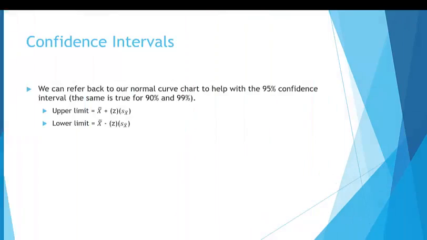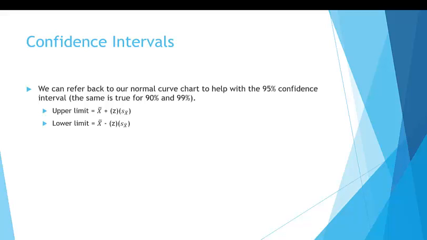Well, part of it includes using the normal curve. So to get our upper limit, we take x bar plus our z-score times our standard error of the mean. And to get our lower limit, we take our x bar, our sample mean, minus the z-score times the standard error of the mean.